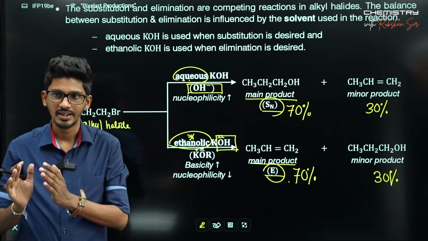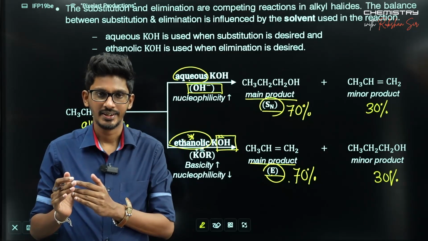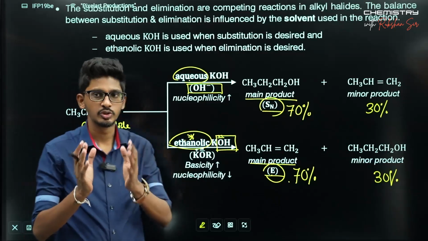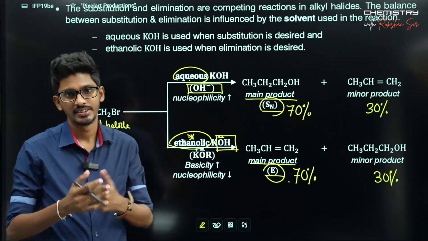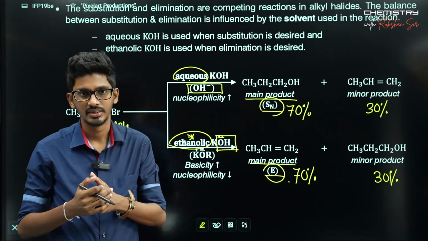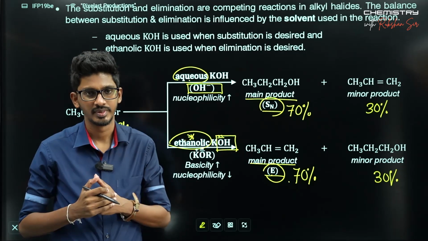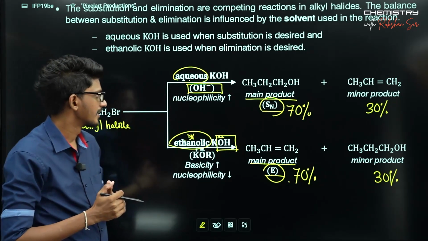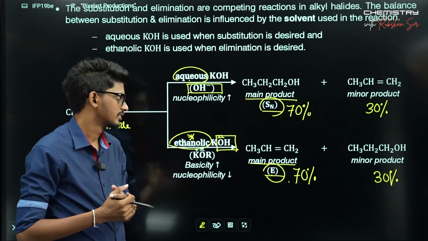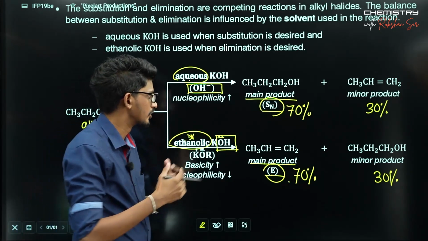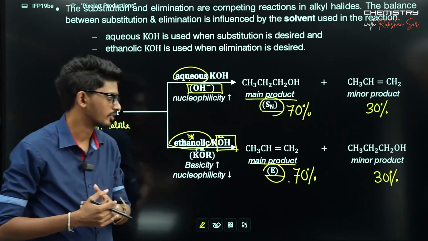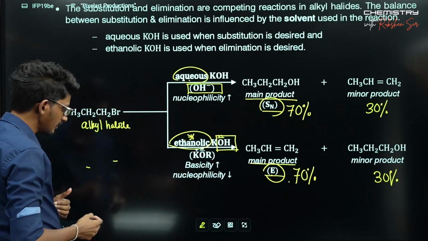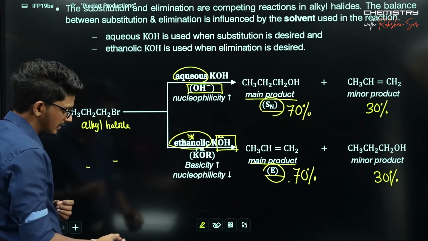Earlier we had discussed how the solvent affects which mechanism a secondary alkyl halide goes through, and here we are discussing how the solvent affects the product, to decide whether it is the nucleophilic substitution or the elimination. Right, let's come up with an example for this one.